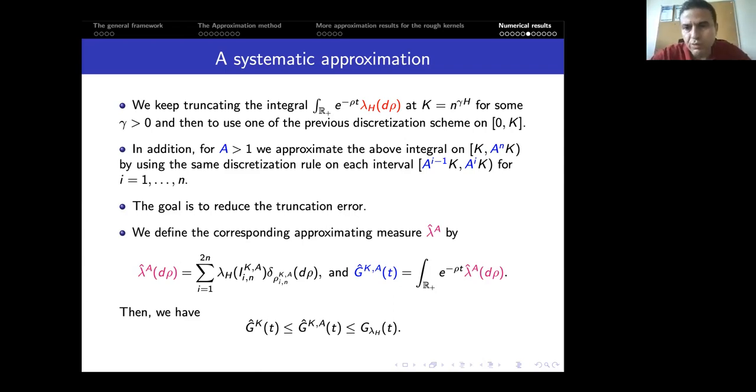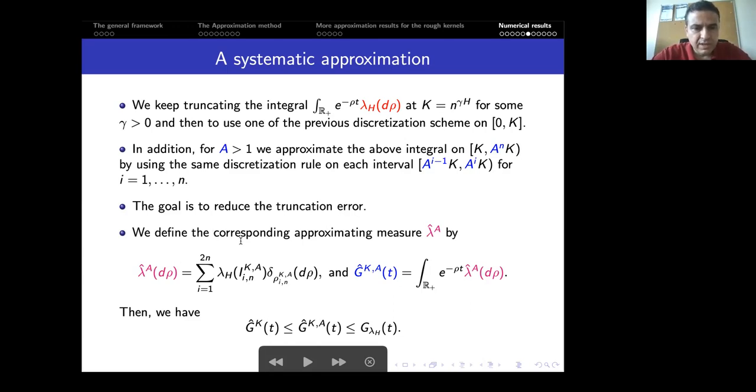This will improve the truncation constant. And we propose to use the same discretization rule as proposed previously in each small interval of this type, a to the power i minus 1 k, a to the power i k, until we cover the whole interval between k and a to the power nk. So this trick will reduce the truncation error.